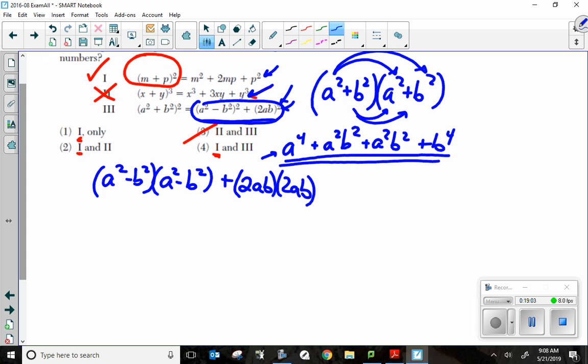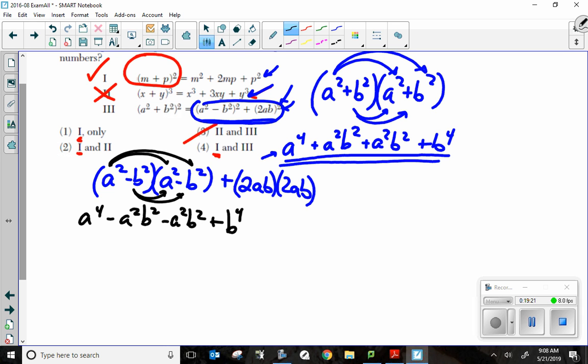Okay, if I FOIL this, I'm going to get a to the 4th minus a squared b squared, minus a squared b squared, plus, because a negative times a negative, plus b to the 4th. All right? Plus, if I multiply these together, I get 4 a squared b squared.